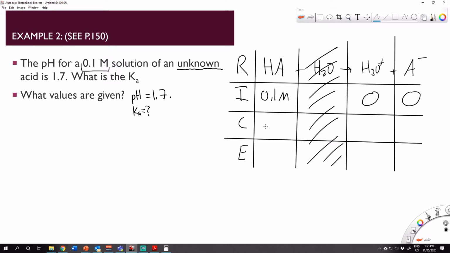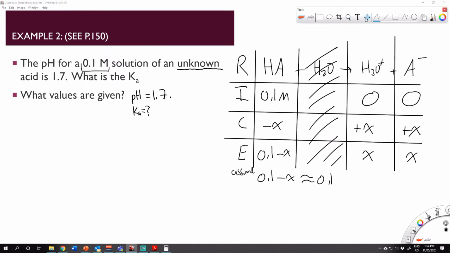We know that this is going to change. Oh wait, this is going to be a plus, and this is going to change like that. This will be x, this will be x, this will be 0.1 minus x. And again, we're going to make the assumption, assume 0.1 minus x is approximately 0.1 for the purposes of doing the Ka calculation.